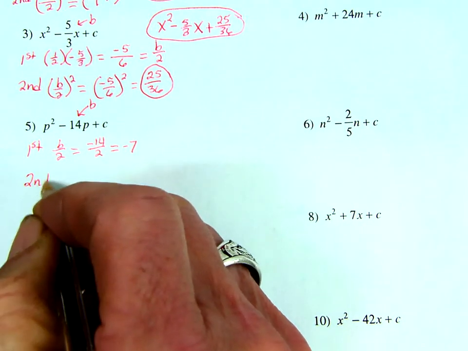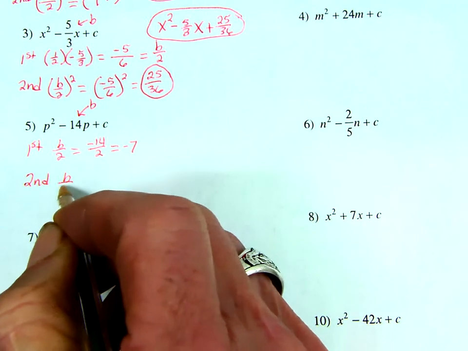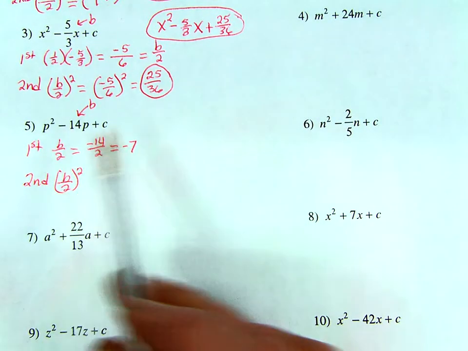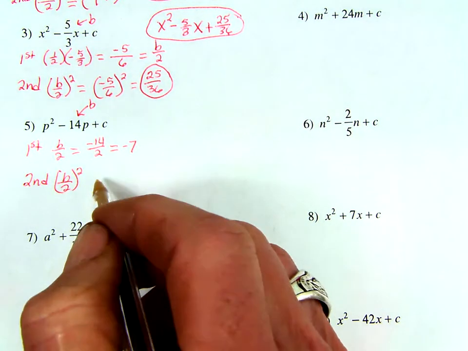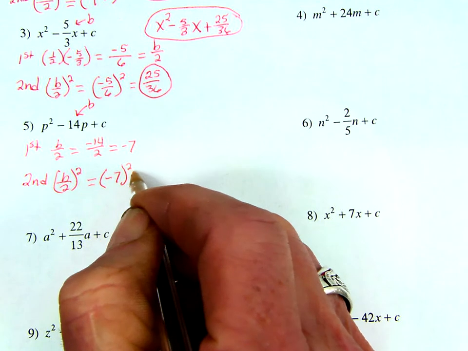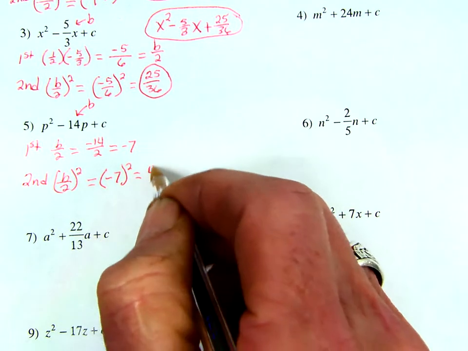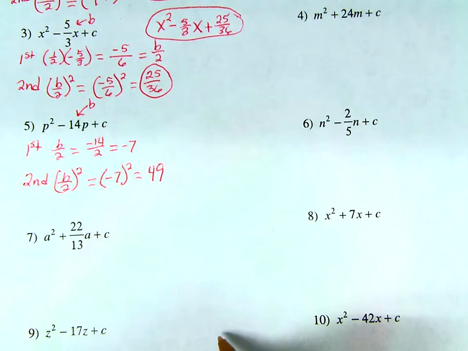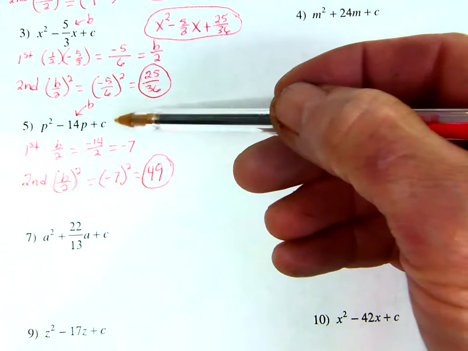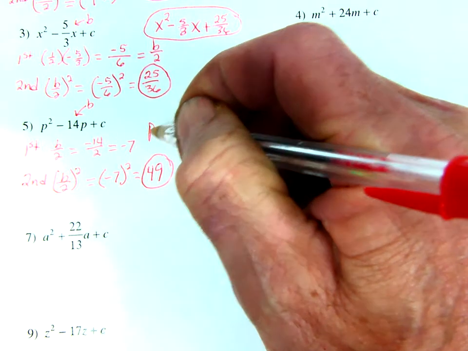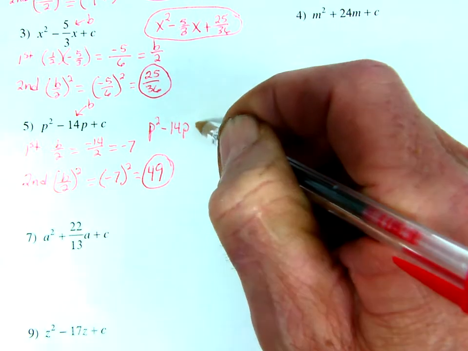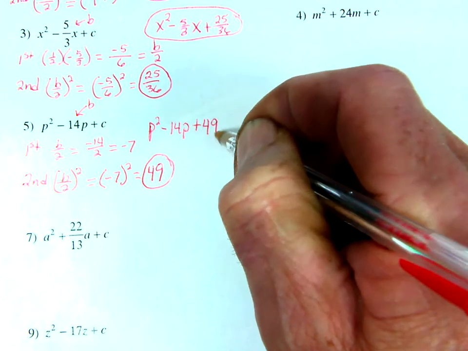Second step, b divided by 2 squared. b divided by 2 is negative 7, so it's negative 7 squared. That equals positive 49. That's the answer. So if I had to, I could write this expression out now as p squared minus 14p plus 49.